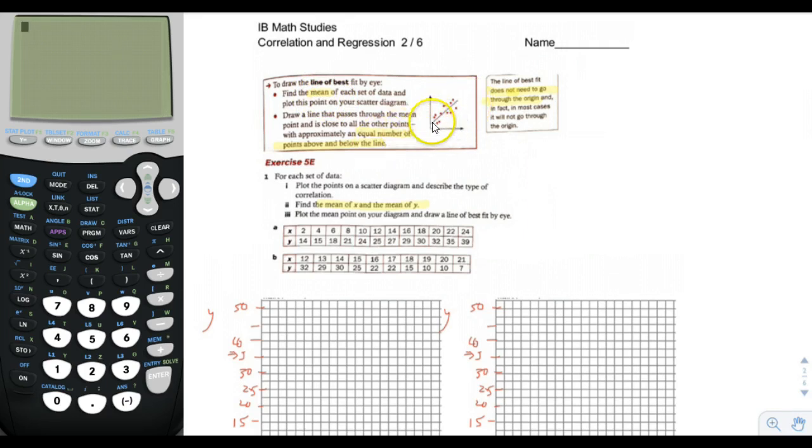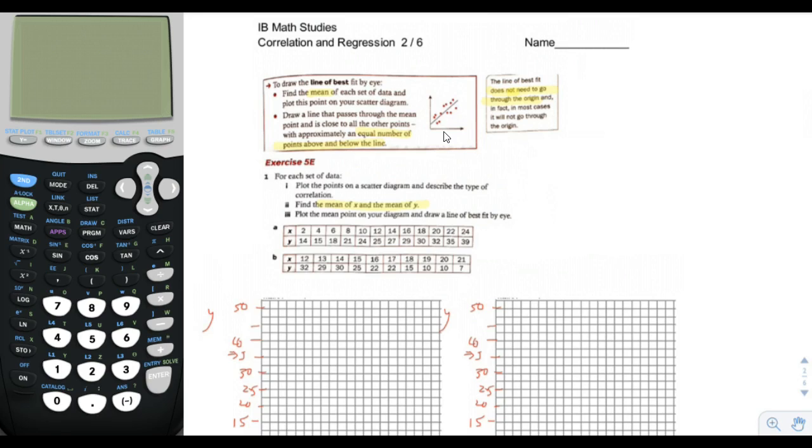And you try to draw the line in such a way that there's an equal number of points to the left and to the right of the line, or above and below the line. You need to keep in mind that the line does not necessarily go through the origin, the point where the x-axis intersects with the y-axis. So don't be worried if it hits the y-axis or the x-axis.